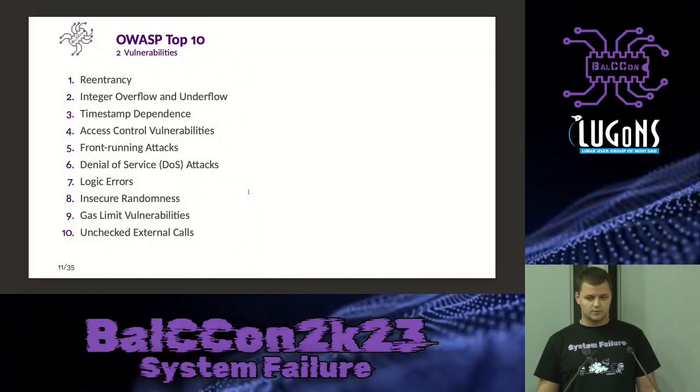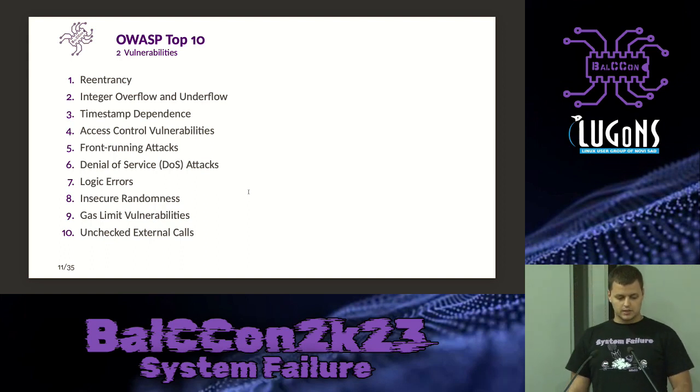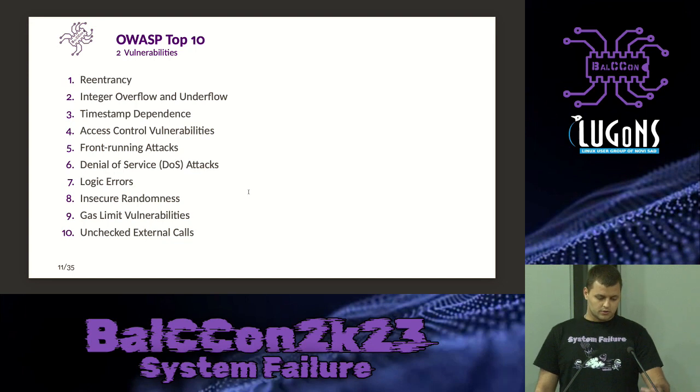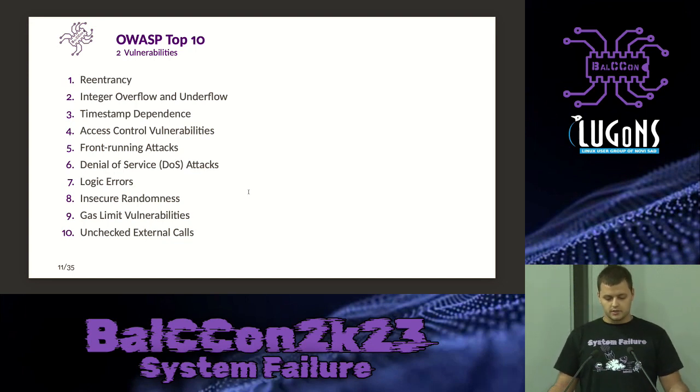So let's start with probably most of your favorite list, OWASP's top list. And from last year, there is also one for smart contract vulnerabilities. Here's a list of them. We'll go through them with practical examples, but some of them are, let's say, easier to understand. Some are generic, like logic errors.